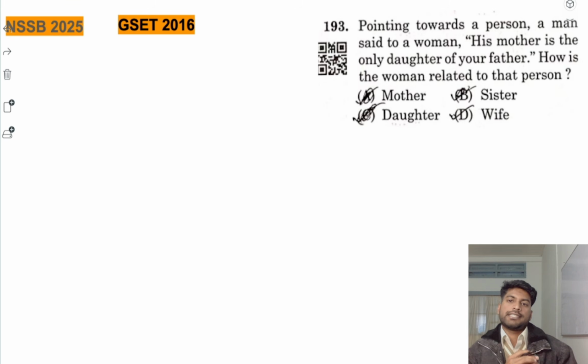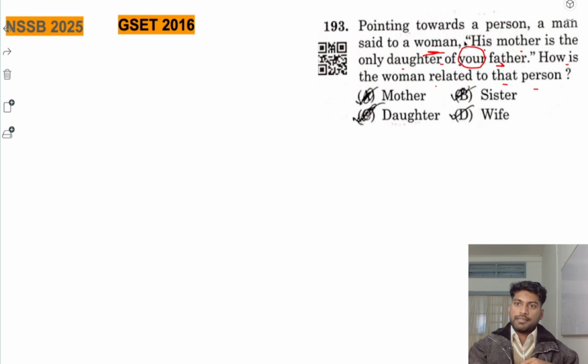Okay, blood relation. Pointing towards a person, a man said to a woman, his mother is the only daughter of your father. How is the woman related to the person?